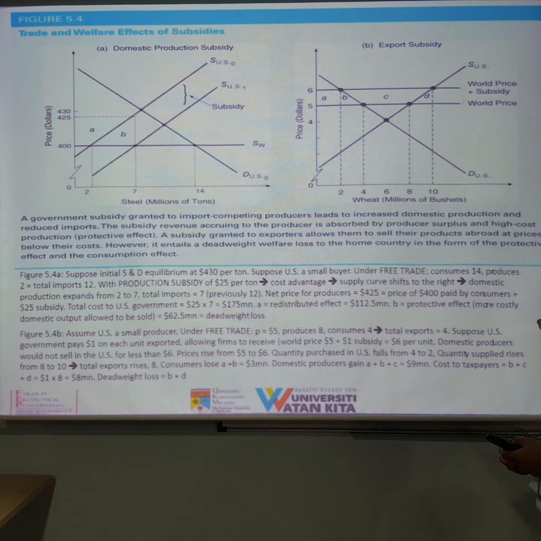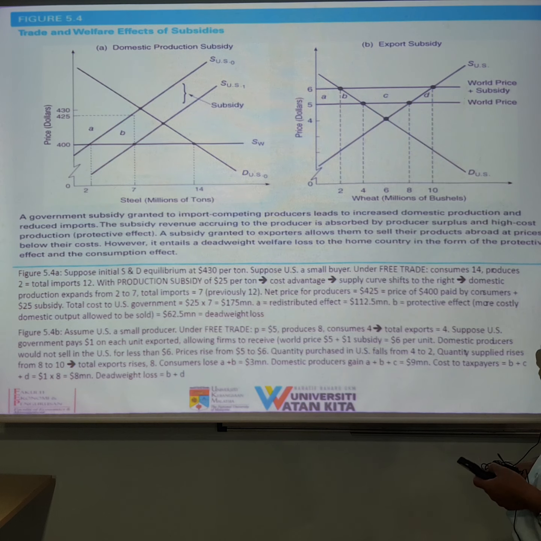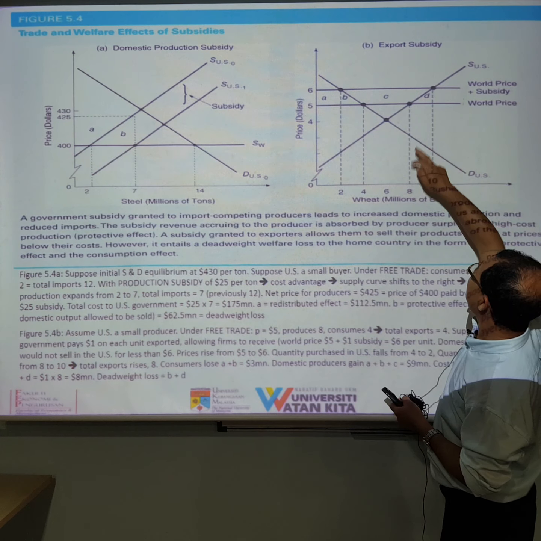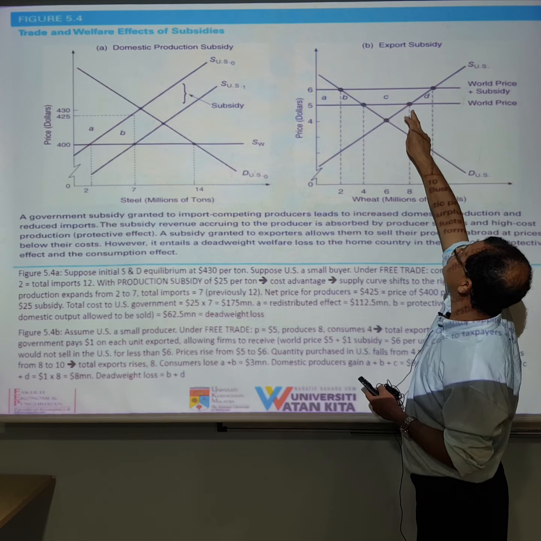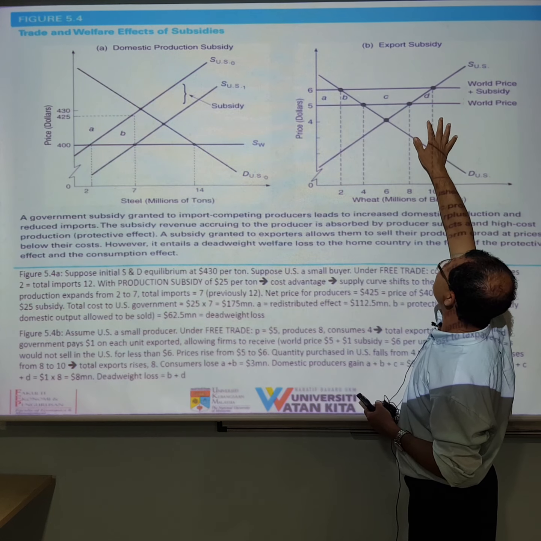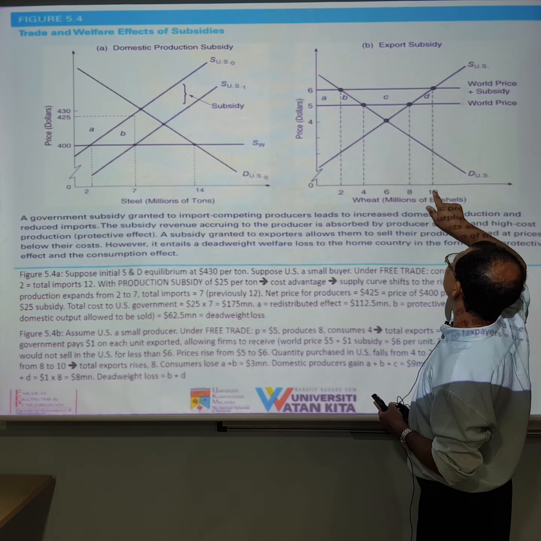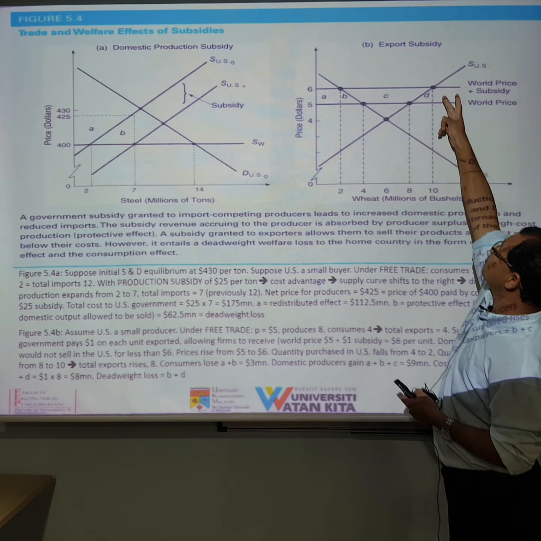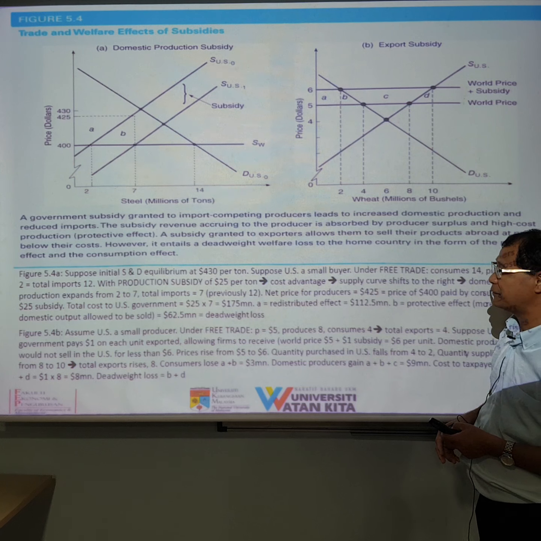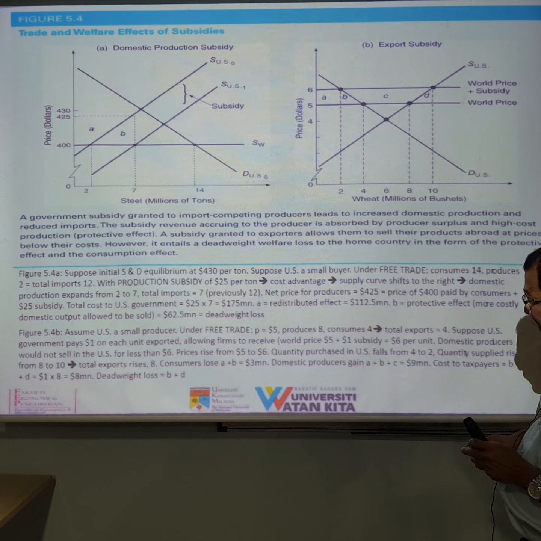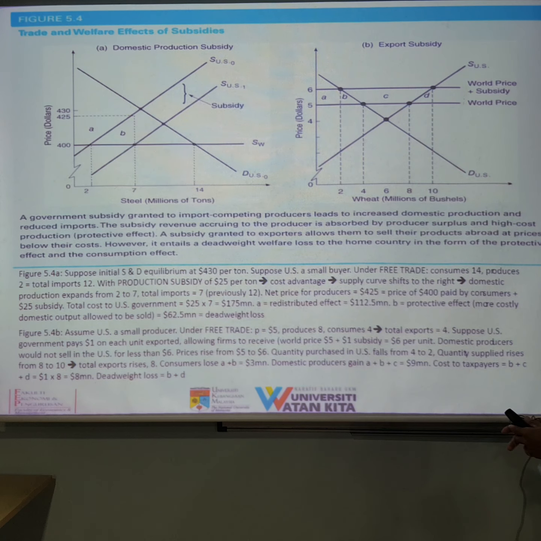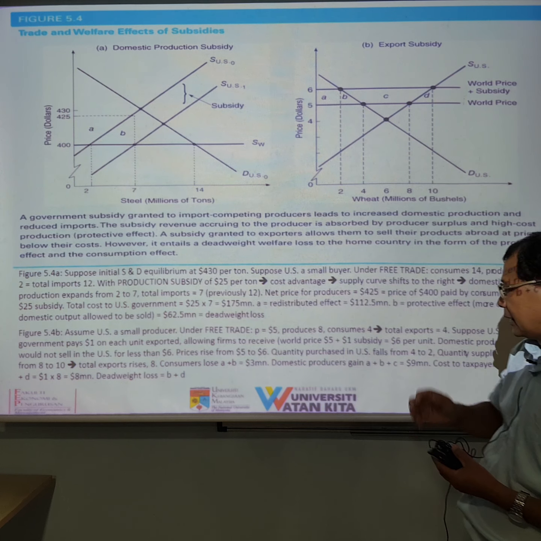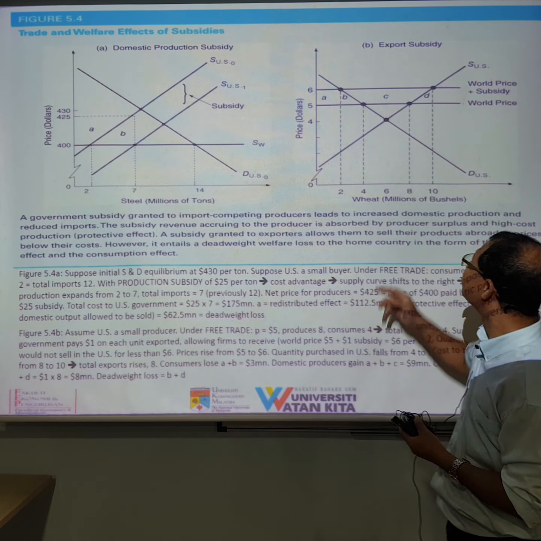Quantity supplied rises from 8 during free trade to 10 with the export subsidy, because of the subsidy. So production increases, and total export rises.